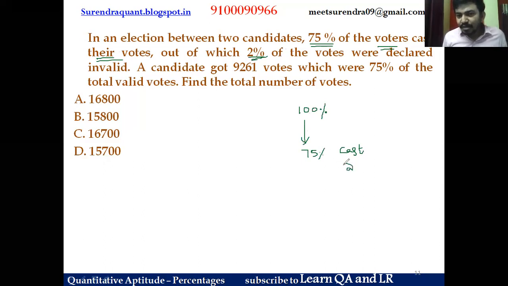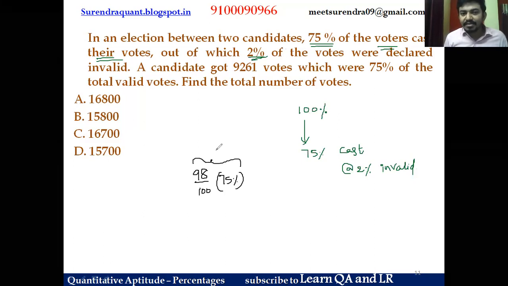Friends, if 2% of these are invalid, then what percent of the cast votes are valid? If 2% are invalid, then 98% of 75% of the cast votes are valid votes. So now this will represent the valid votes.